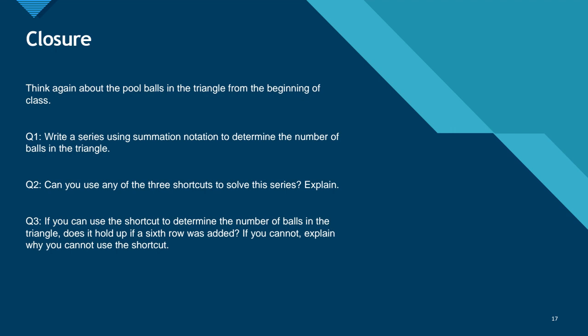So can you use the sum from i equals 1 to n of 1, i equals 1 to n of i, or i equals 1 to n of i squared? And then if you can use a shortcut to determine the number of balls in the triangle, does it hold up if you had a 6th row of balls? And if it cannot, explain why you can't use this shortcut.